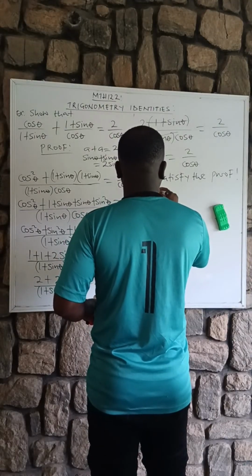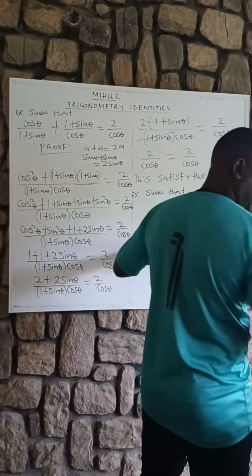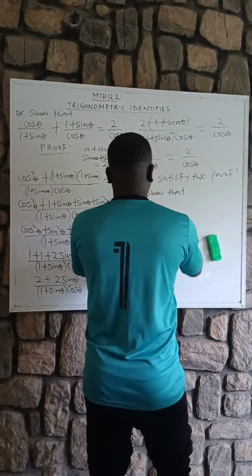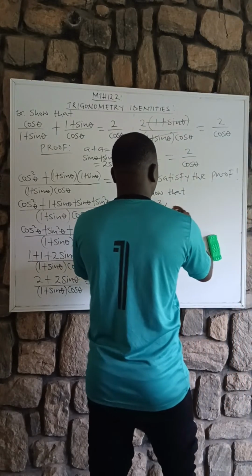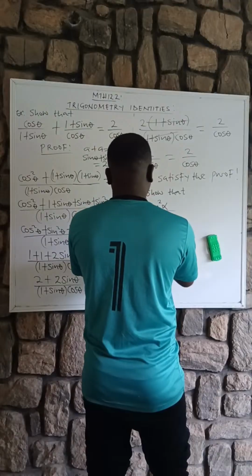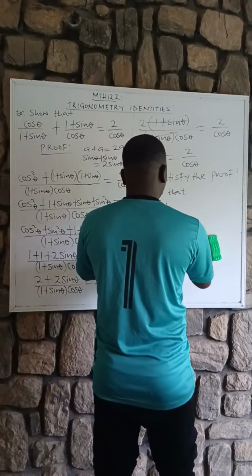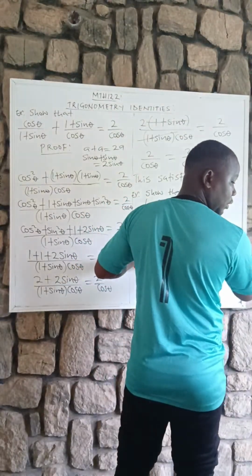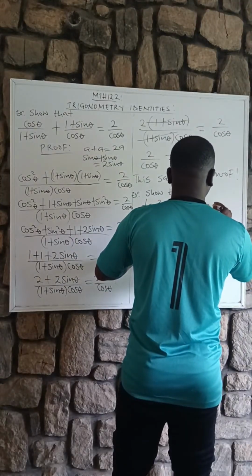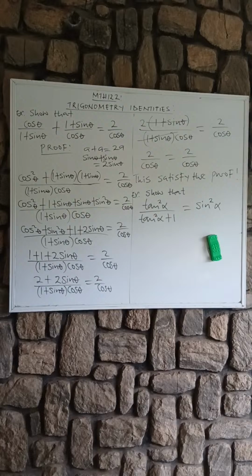Show that tan square alpha all over tan square alpha plus 1 equals to sin square alpha. Okay, this is another example. Look at the board very well. This is another example that we want to consider again.